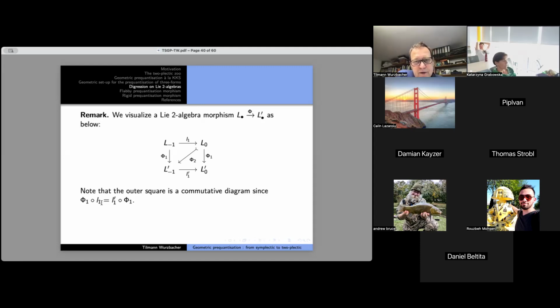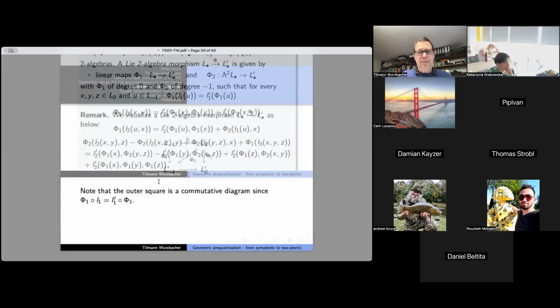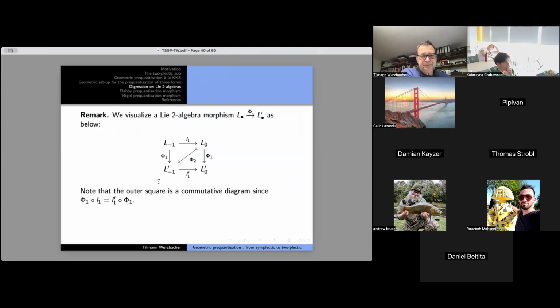And then I have this strange arrow in the middle, which is not an arrow from L0 to L prime minus 1, but from the second exterior power of L0 to L prime. And this is sort of the correction that the algebraic structure should be corrected with.